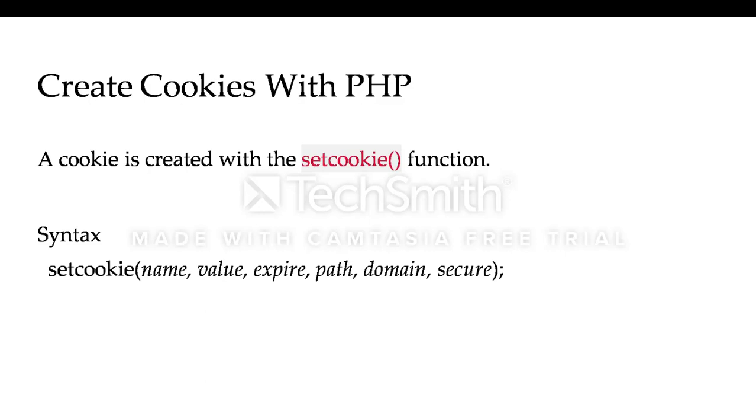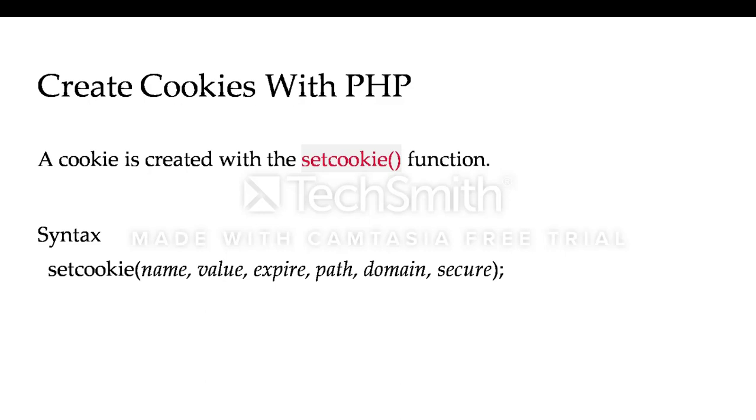In the path, websites have many directories, so we have to mention which directories the cookie is accessible for. But if we want it to be accessible for all the directories or for the whole website, just give /.